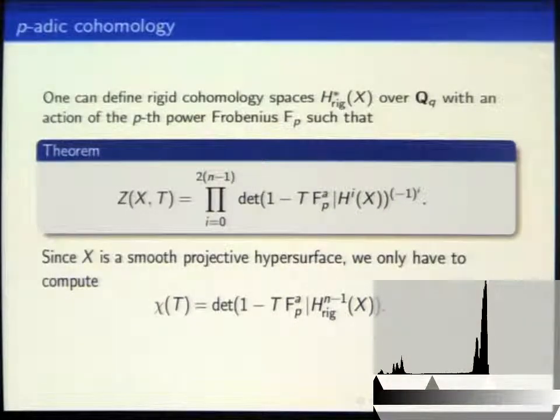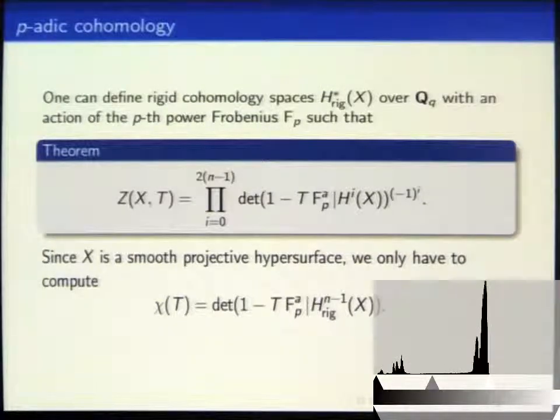So these H^i(X) are functorial in X, where X is something in characteristic p. The H^i(X) are vector spaces over, say, Q_p or Q_q in my case. They have this action of the p-power Frobenius, so F_p^a is the action of the q-th power Frobenius.